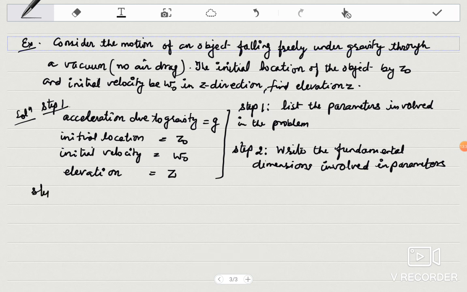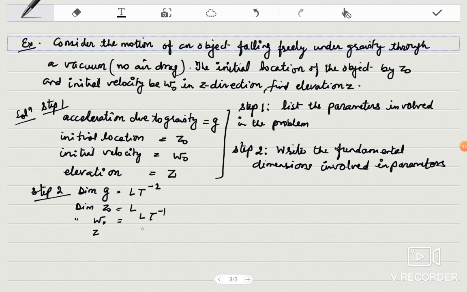So under step 2, I have to write the dimensions. Dimensions of G are L T minus 2. Dimensions of Z0 will be L. Of W0 will be L T inverse.